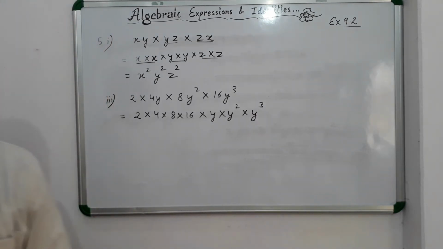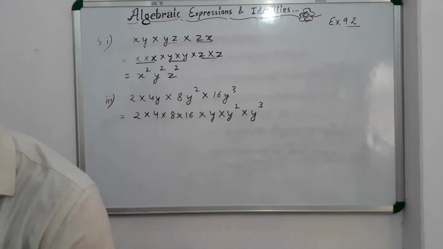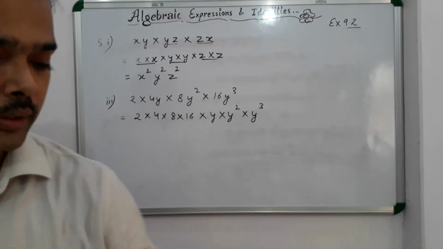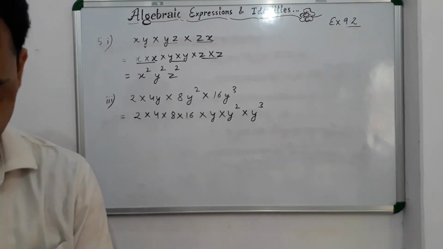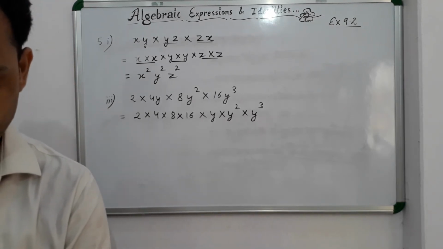Now let's multiply these numbers and check what we get over here. When you multiply 2 into 4 you get 8. Then when you multiply 8 into 8 you get 64.